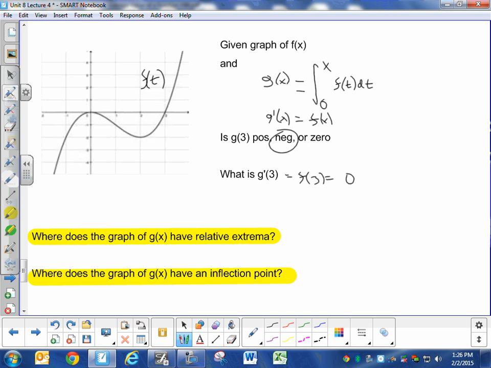Hold on, 2 more. When does G have relative extrema? Well, I'm immediately thinking unit 4. G has relative extrema when G prime changes sign. G prime changes sign when F changes sign. When does F change sign?